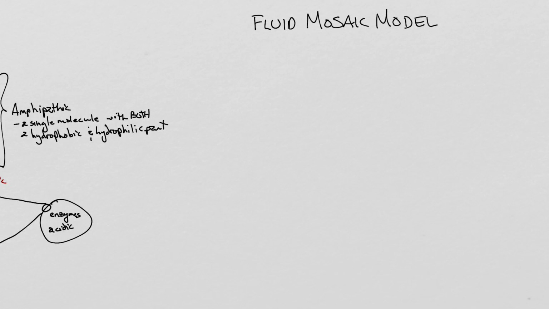It's called fluid because things can move around in the membrane, and it's called mosaic because it appears to be made of lots of individual little different kinds of pieces. So this is what your drawing quiz is going to be. You need to be able to draw a little section of a fluid mosaic model of the cell membrane. So to start out, let's just draw 5 or 6 phospholipids here.